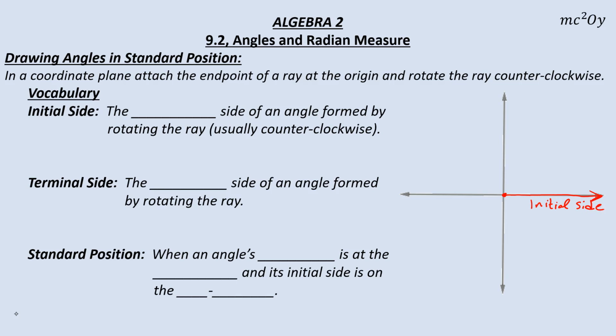So the initial side is the starting side of an angle formed by rotating a ray, usually counterclockwise. So we're going to rotate this ray counterclockwise, and where that ray ends, it sweeps out an angle. Right? So now you have an angle right here from our initial to what's called our terminal side.